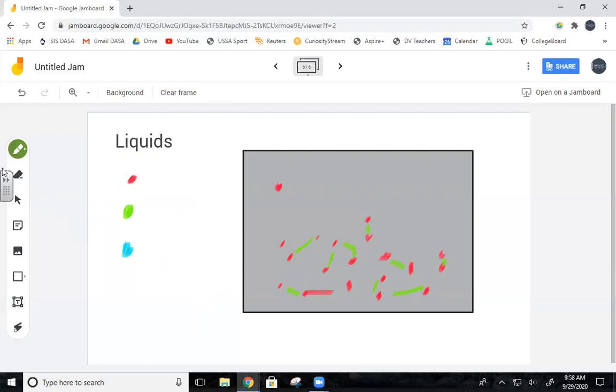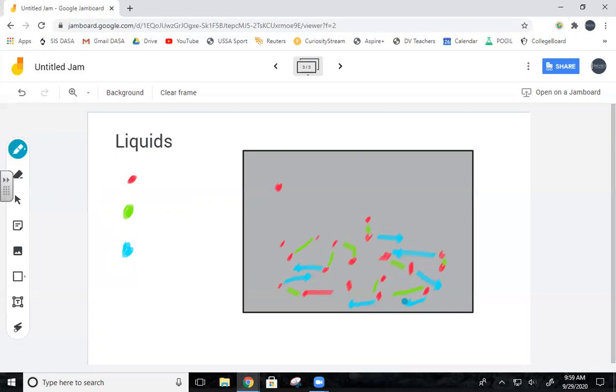And most importantly, while they are bonded together, they can move around. They're slipping past each other, moving around. And this movement, this freedom to move, is what causes liquids to flow.